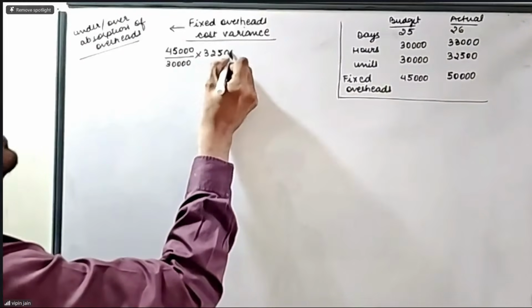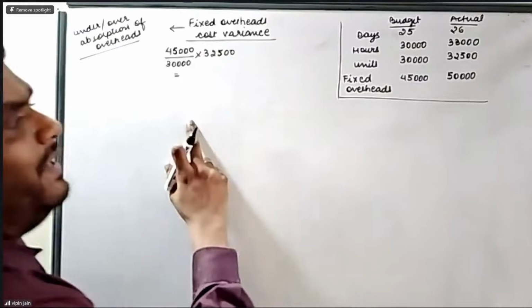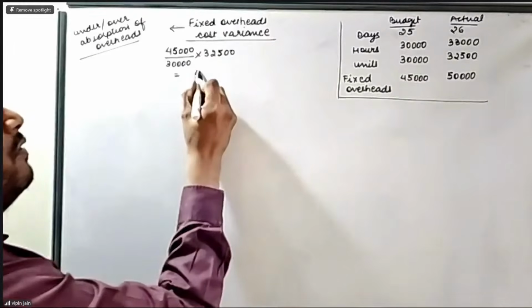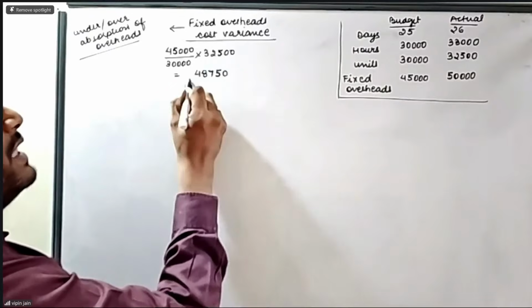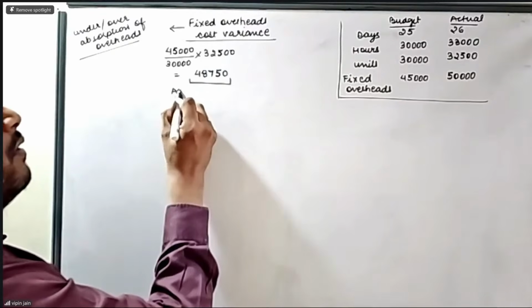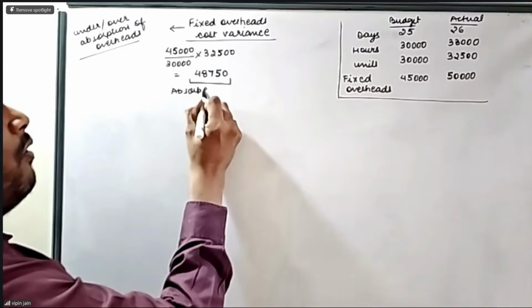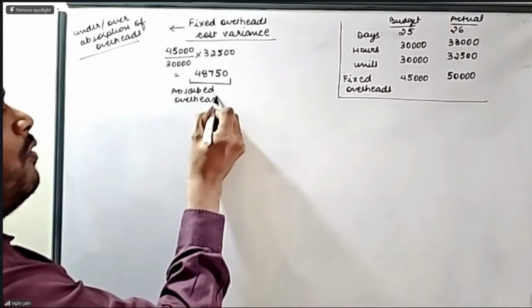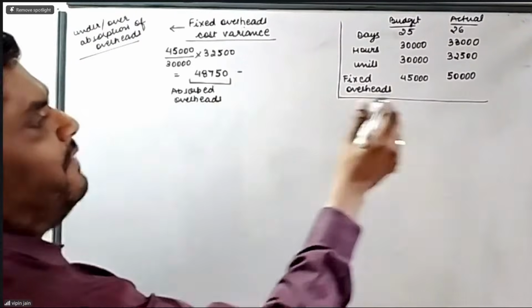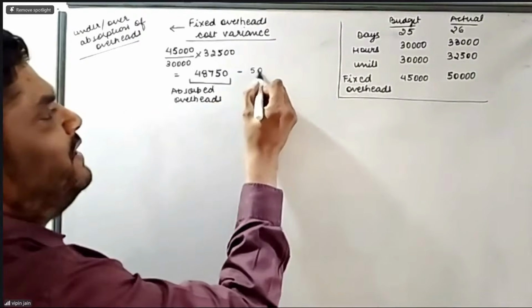We will get absorbed overheads, that is 48,750. If we compare them with actual overheads, that is 50,000.